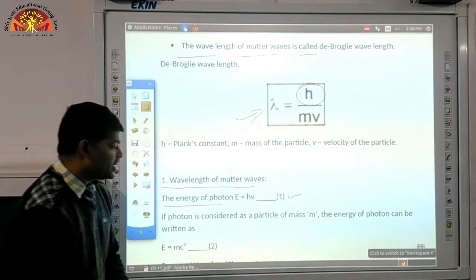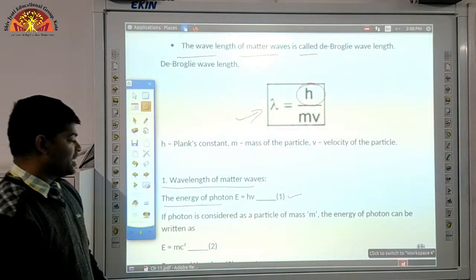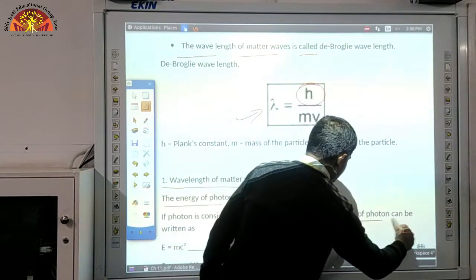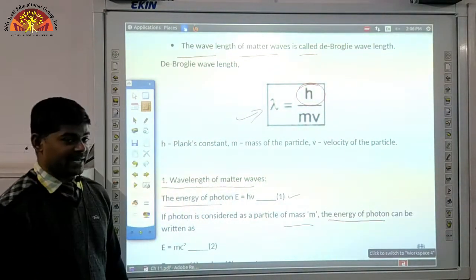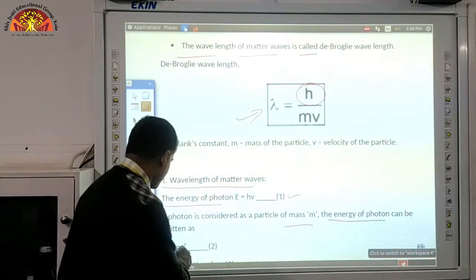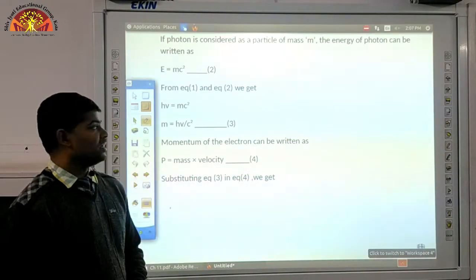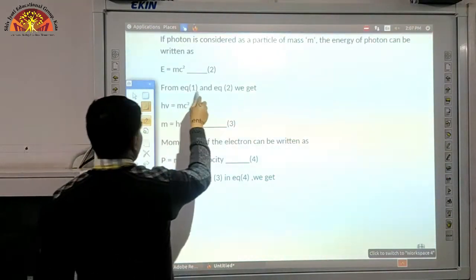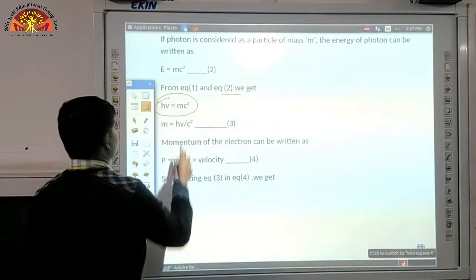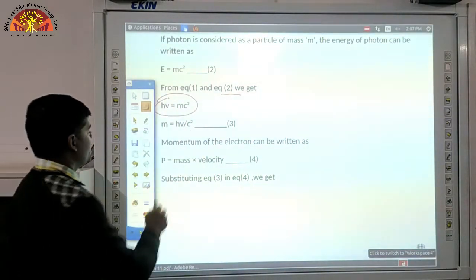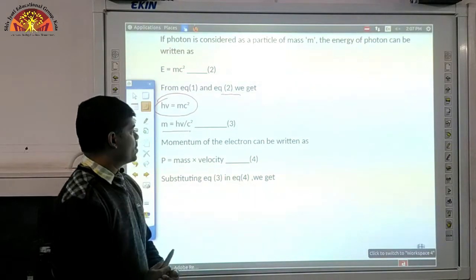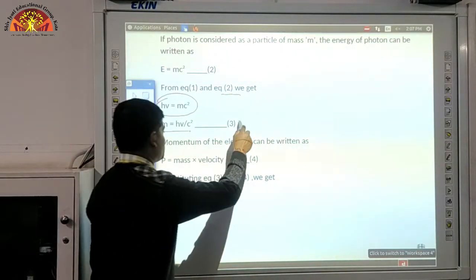Now if the photon is considered as a particle of mass m, the energy of the photon can be written as mc square, the very famous Einstein equation. Now from the previous equation and equation number 2 we can write h nu equals mc square. Simplifying, we get m equals h nu upon c square, this is our equation number 3.